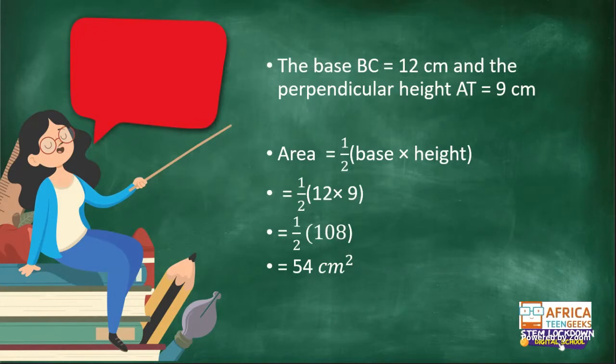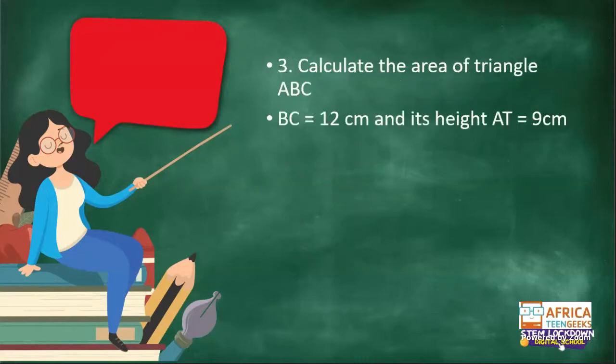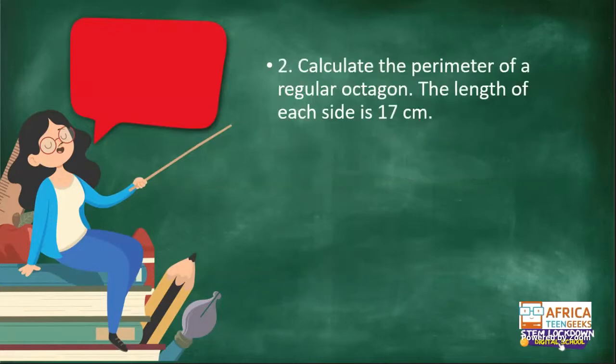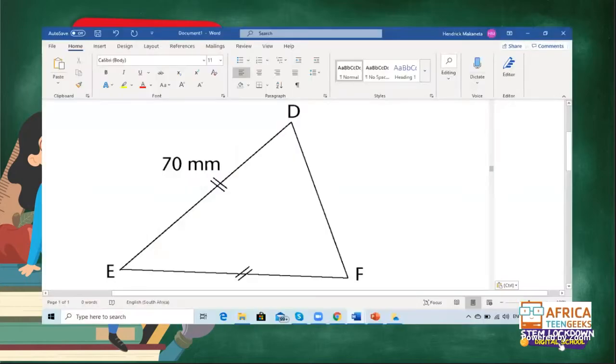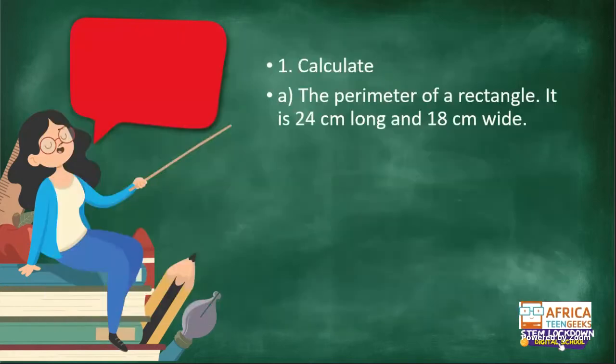I hope that you will take the time to revise the formula. It's very important that you don't forget the formula. But before we proceed with the next one, we have calculated the perimeter in this case.